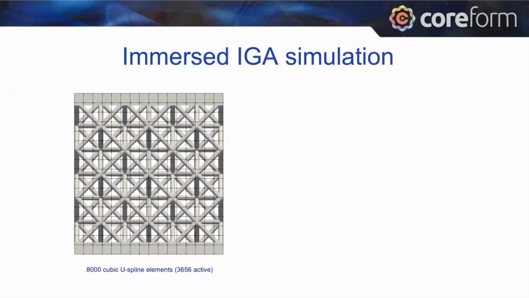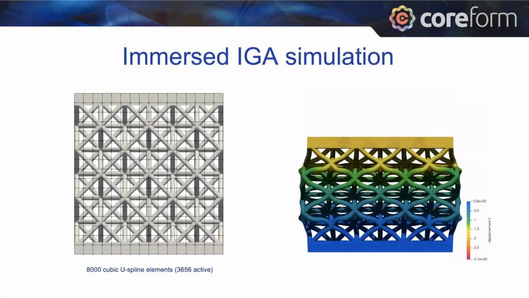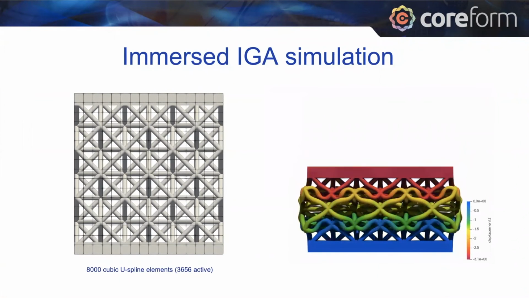And then you run the simulation. There's about 8,000 cubic U-spline elements here. So it's just a 20 by 20 by 20 mesh of solids, it's 3D, and you just let it go. Large deformation analysis. The whole bounding box moves with the geometry. Very, very robust.